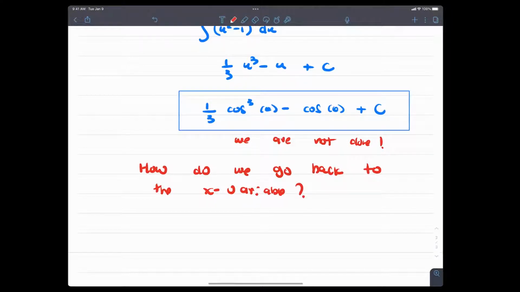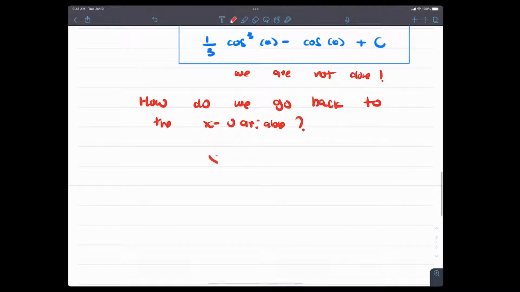So how do we go back to this x variable? Well, what was x anyway? You guys remember what x was? X was, we said, a sine theta. In this case, a is 1. So x was sine theta, right? Or we say sine theta was x over 1. Do you remember that triangle that we drew?